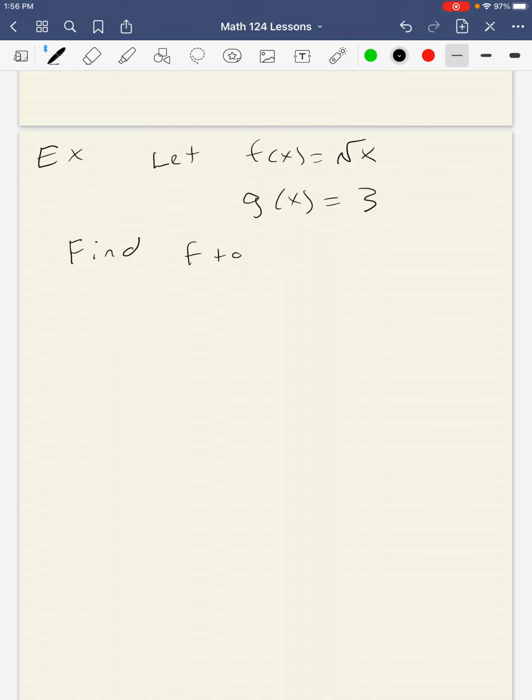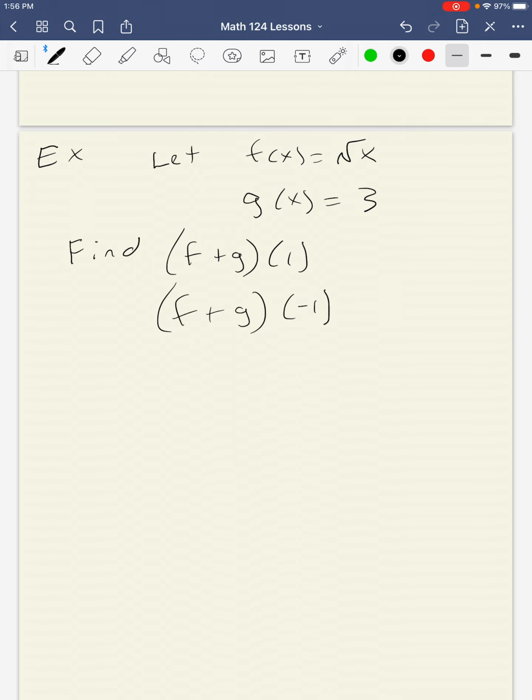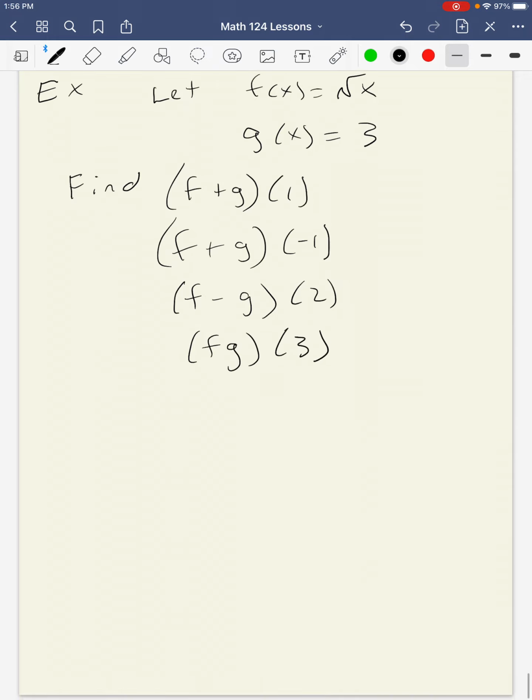Let's find f plus g of 1, f plus g of negative 1, f minus g of 2, f times g of 3. And I'll explain what these symbols mean.